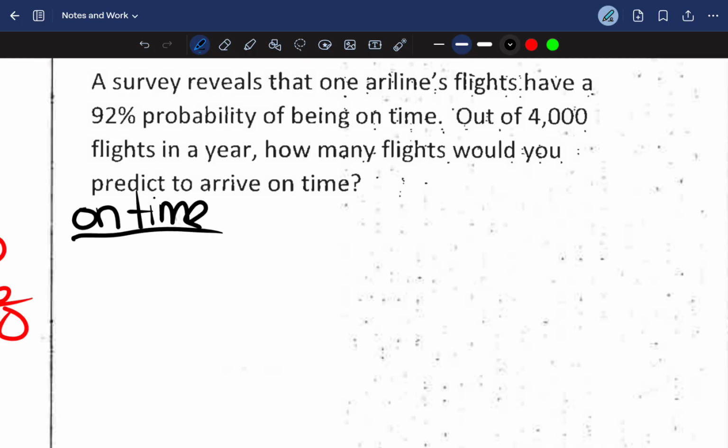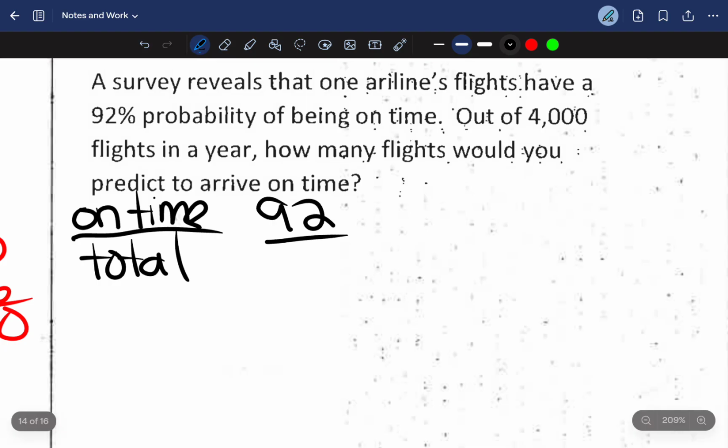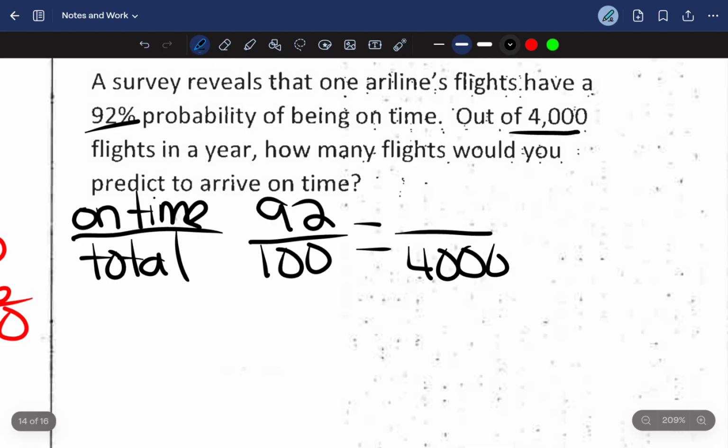So on time over total. Now, I know that 92% out of 100%, because 100% is the total, is on time, so 92. And then the other total is 4,000. So 4,000 goes on the bottom. And then x up top.